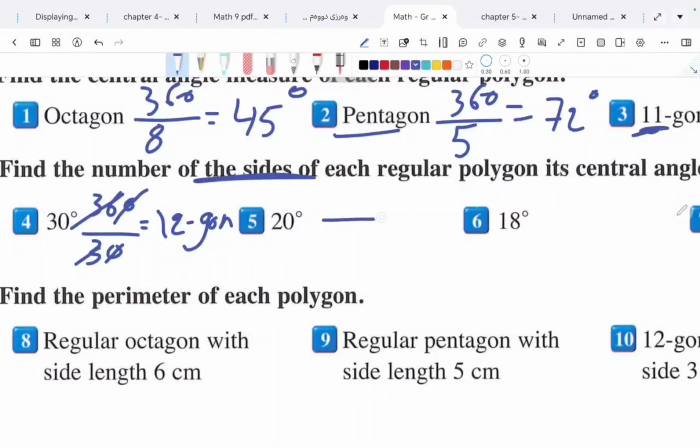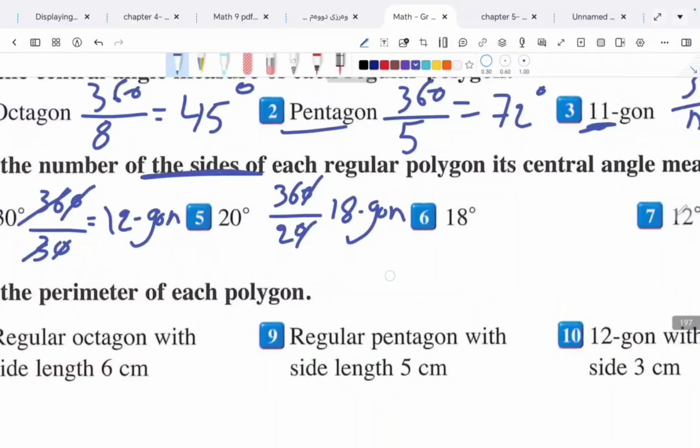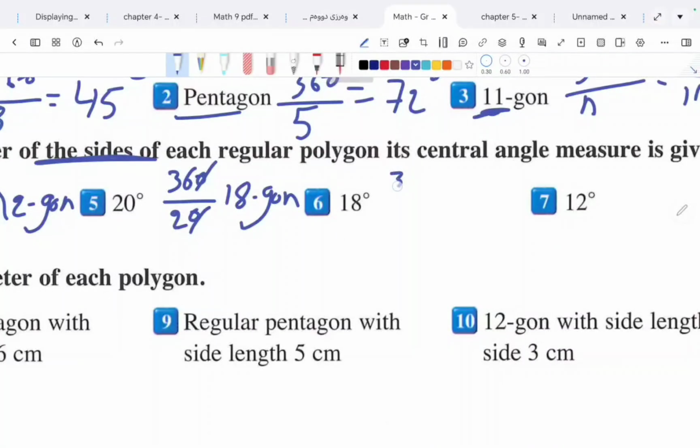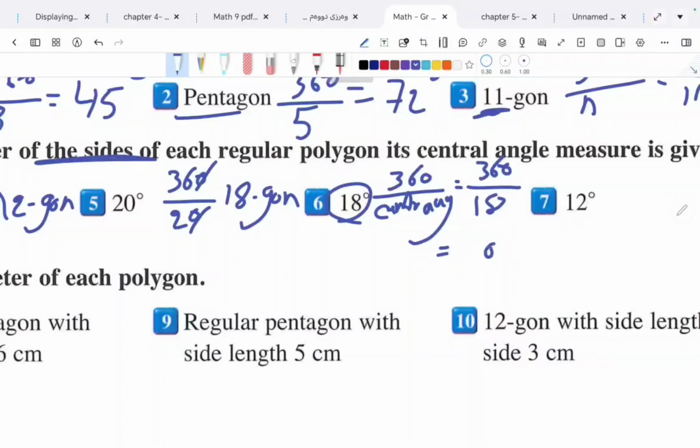The other one is 20, so it will be 360 again divided by the central angle, which equals 20. They cancel each other. 36 divided by 2 equals 18-gon. Okay, next, 360 divided by the central angle, which is 18. 36 divided by 18 equals 2, so it is 20-gon.